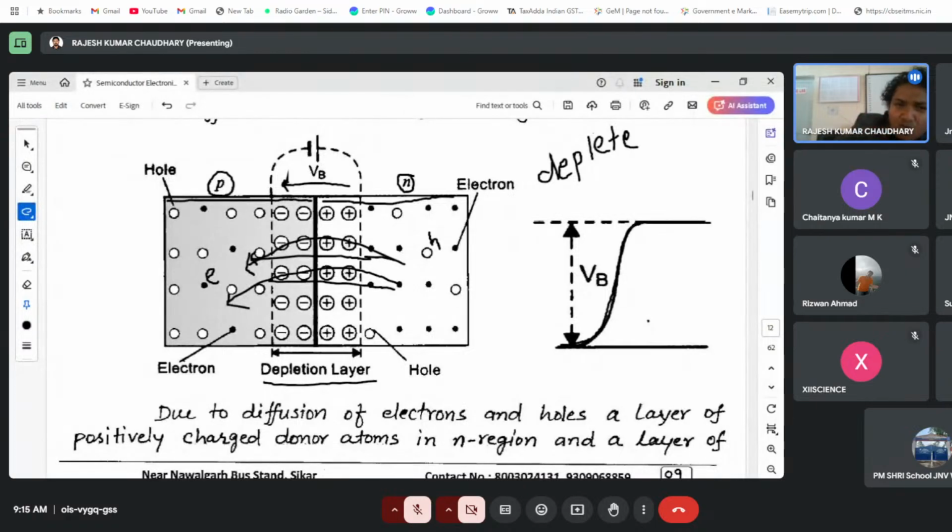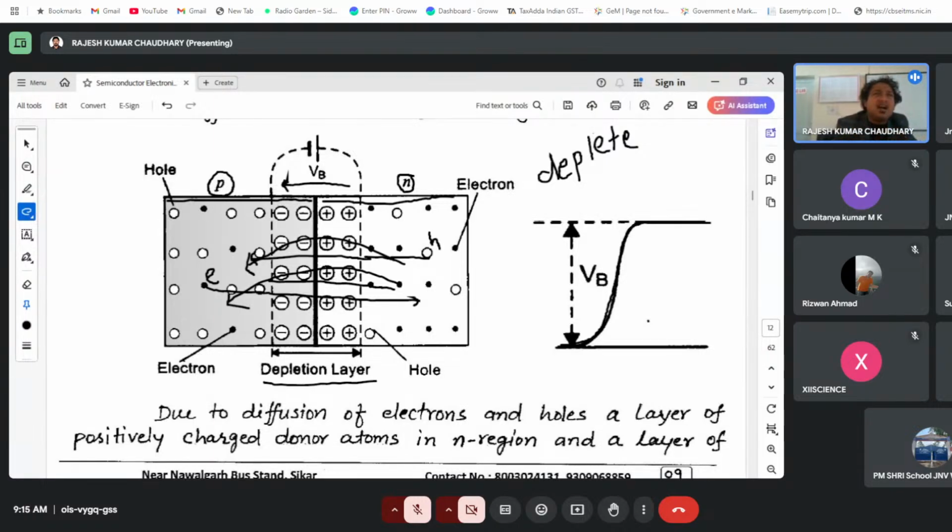So the electric field always tries to move a positive charge in its own direction, and it will push negative charge opposite to its direction. So because the electron is here, it can move from P to N with the help of this electric field, and this hole can move from here to here with the help of this electric field.